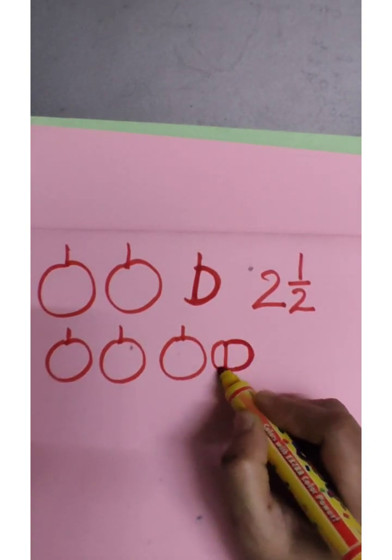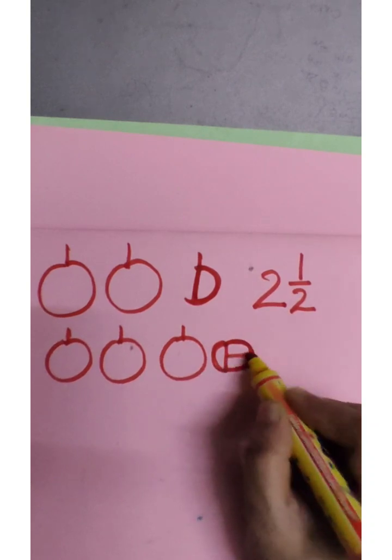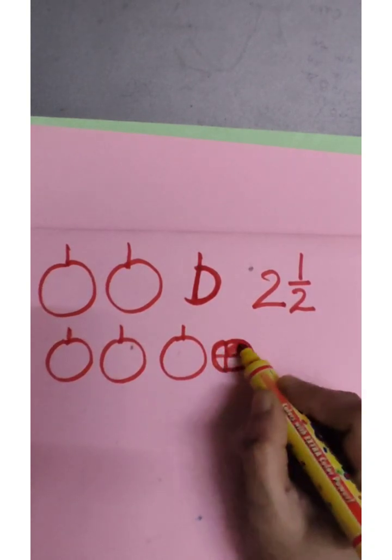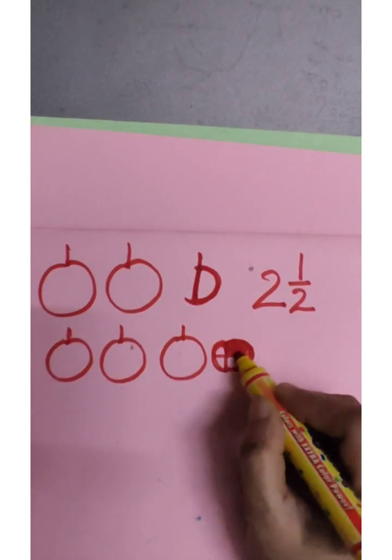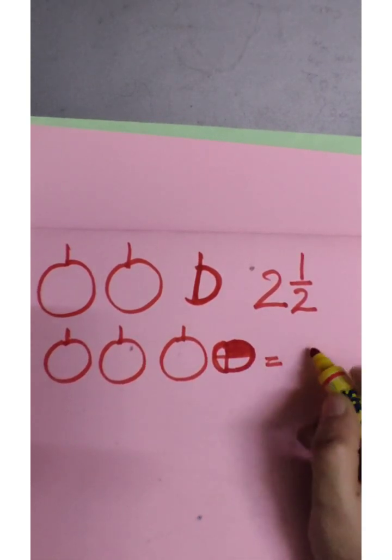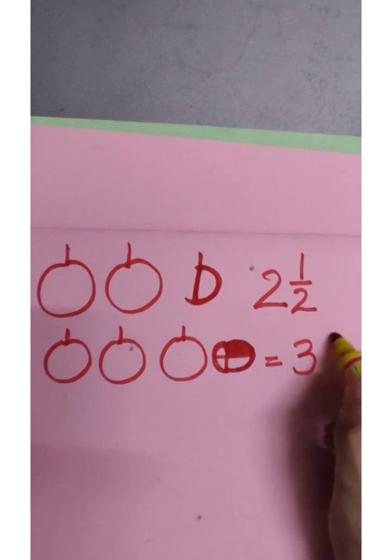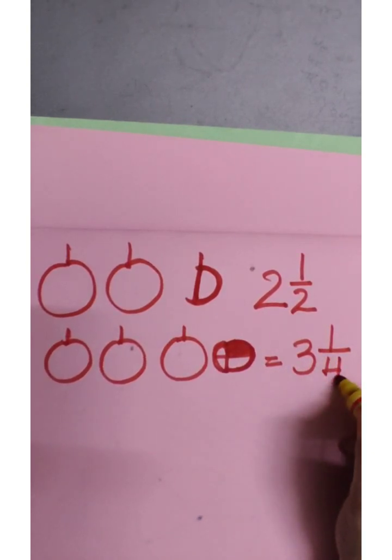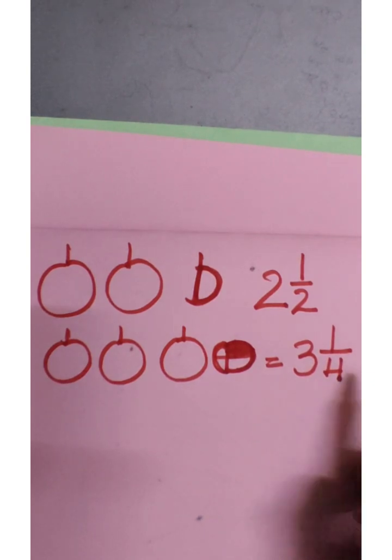Suppose this is a full chiku and I am having only the quarter piece. Only the quarter piece of the chiku. So I have 3.25 part of the chiku. So my fraction is 3 and 1 upon 4 chickus.